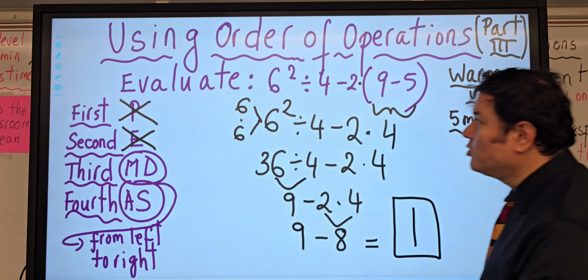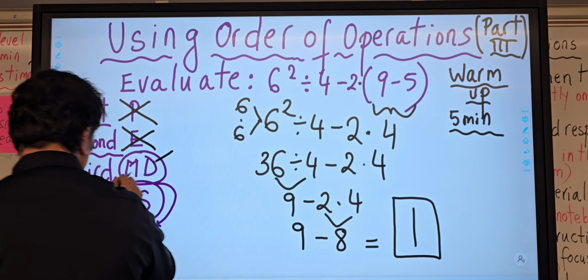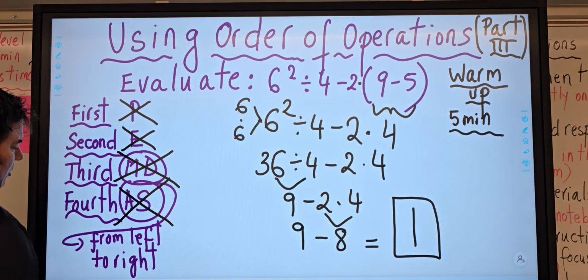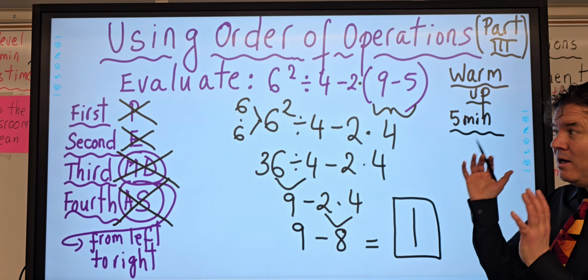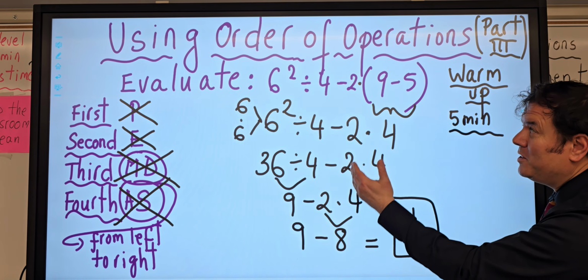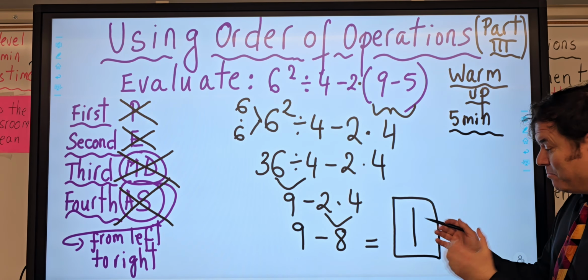So the answer is 1 for this expression. Again, we solve this, and then we finish all the steps. I hope now it is a lot clearer for you how to solve these order of operations problems. We did it step by step.